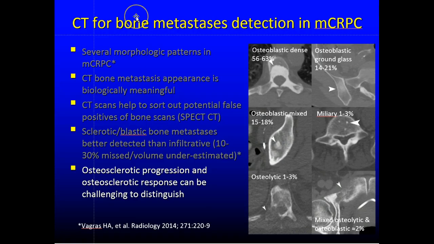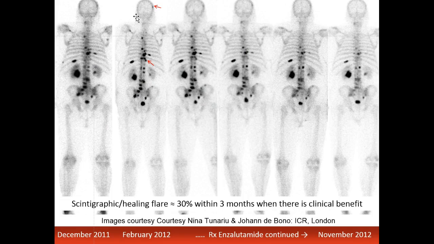Now, one of the biggest problems with CT scans is that osteosclerotic progression and osteosclerotic response are difficult to distinguish. In other words, progression and regression can sometimes look very similar. So here's a patient with a bone scan. Again, we followed the patient for about a year, December 2011 to November 2012.